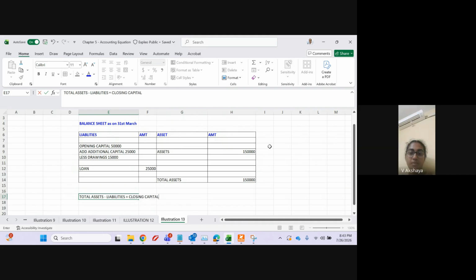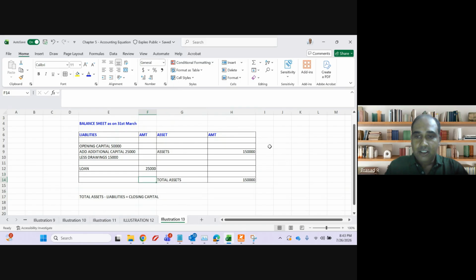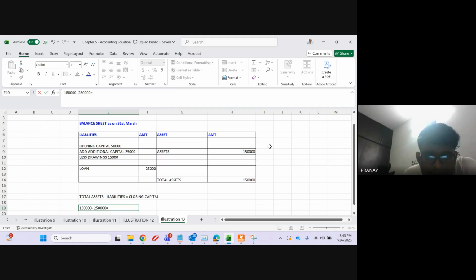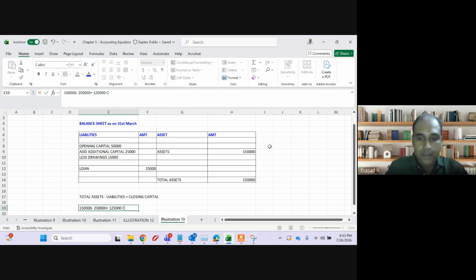Closing capital. Fantastic, guys. So 1,50,000 is my total assets. My liabilities is 25,000. That means my closing capital will be how much? 1,25,000. This will be my closing capital.